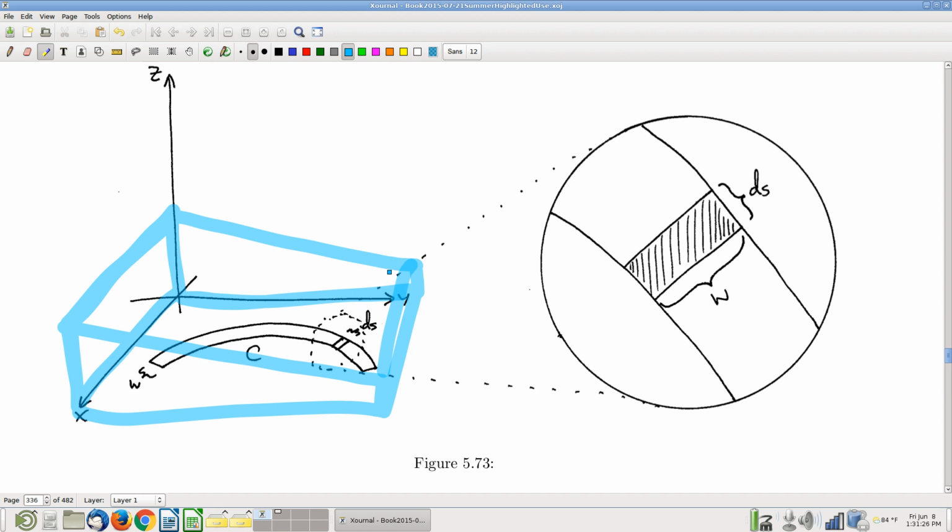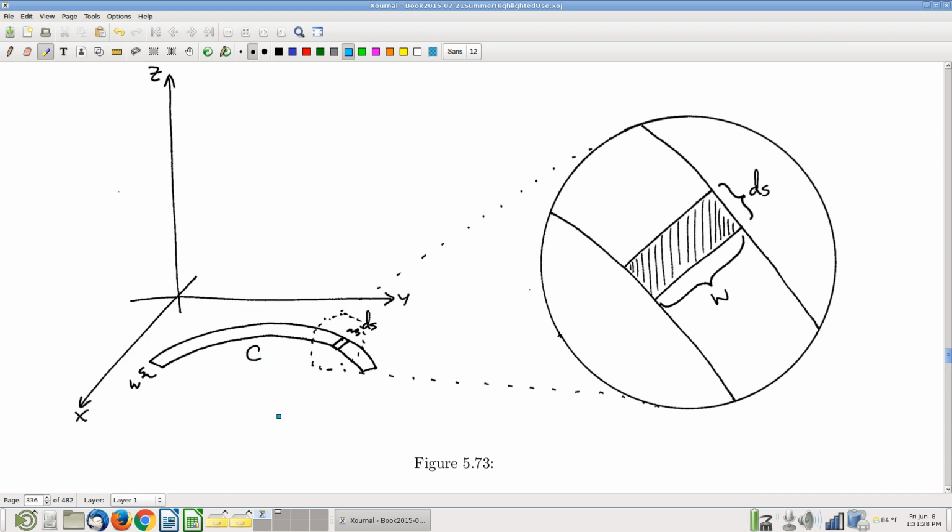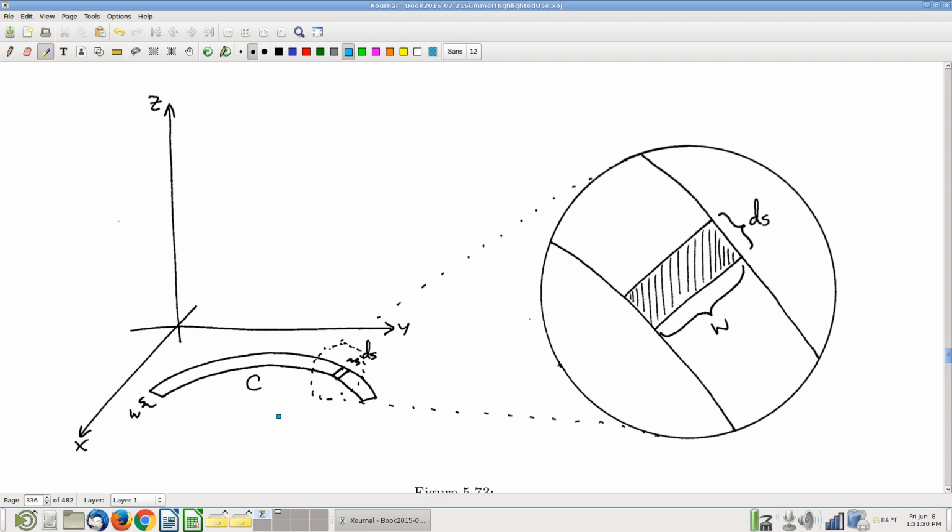Okay. So the idea is we're going to look at one little piece of the driveway at a time, a little piece of size ds. By the way, the driveway is constant width for convenience. I know what the width is, like 10 feet, whatever.